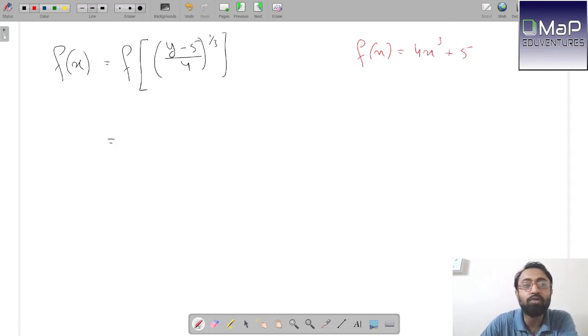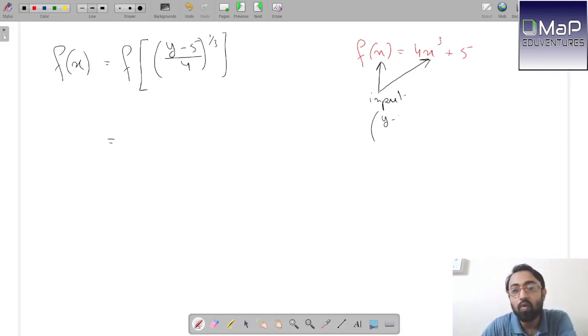Most students get confused here, so just remember this: whatever goes inside the bracket in place of x, you have to replace in all the x on the right hand side. Whatever input goes here will go on the right hand side. So this time our input is y minus 5 by 4 whole to the power 1 by 3.